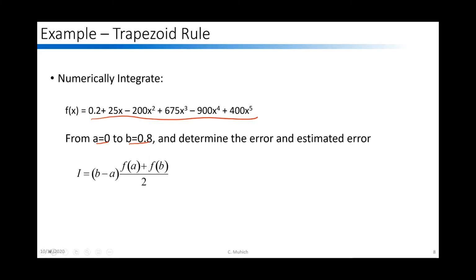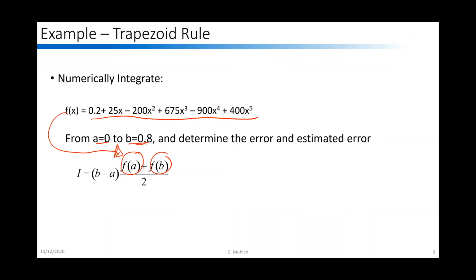So let's write out our equation for our integral. It's b minus a, so that's 0.8 minus 0, times f of a plus f of b over 2. To get these f of a and f of b, all I need to do is plug 0 into this top equation.